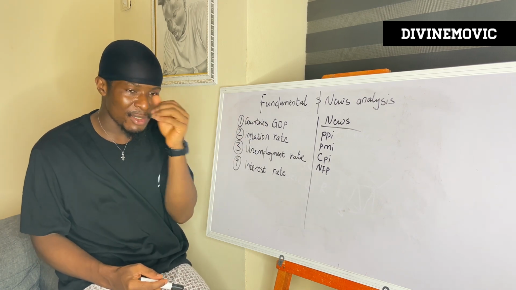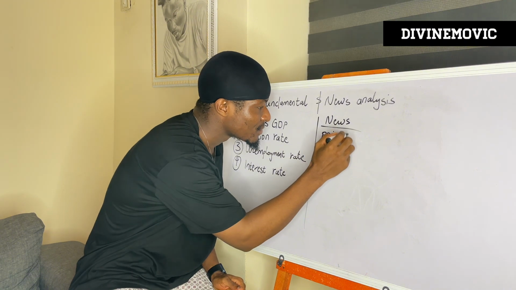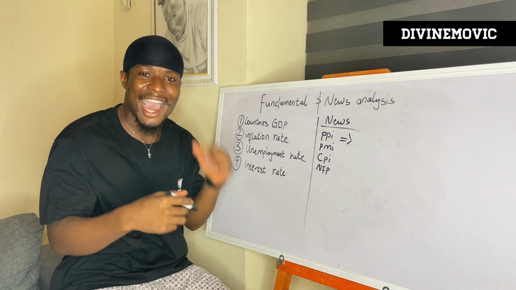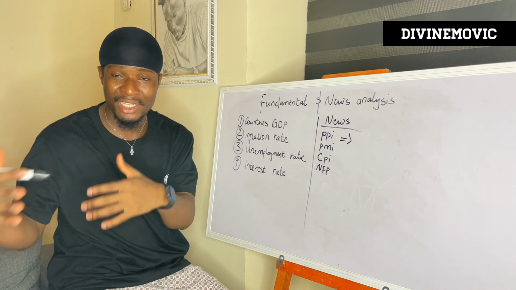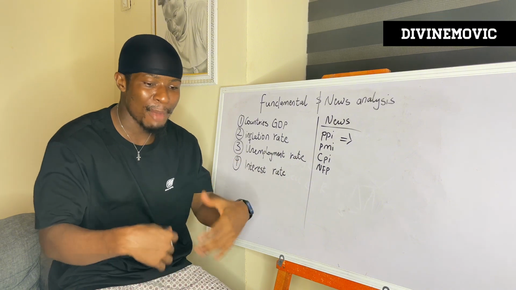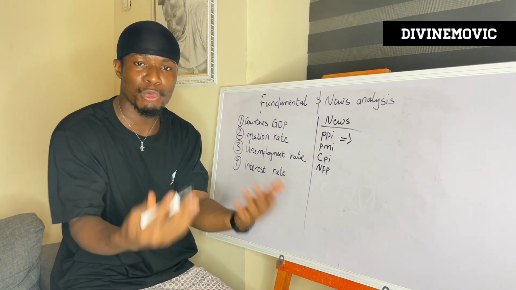PPI simply means Producer Price Index. That means this news is actually reporting how producers are producing goods in the country. Are they producing it well? Are they producing it badly?